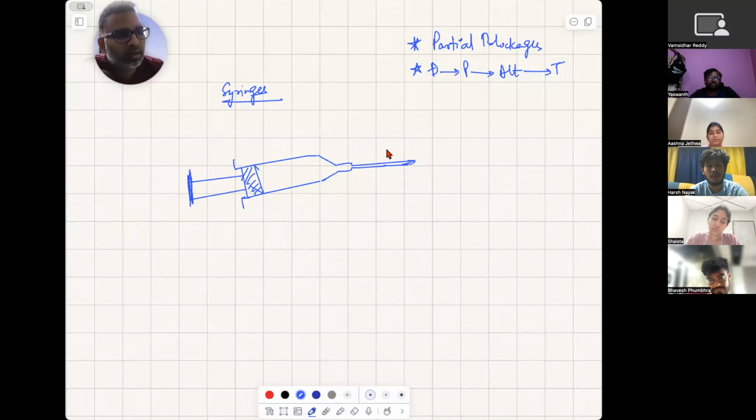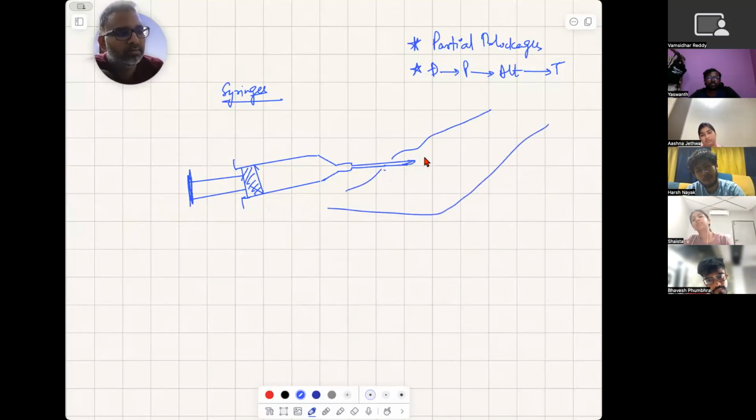Now you have inserted this into the patient's arm, right? Now you have used this needle to draw blood already for the patient. Same patient. You cannot use one needle for another patient.